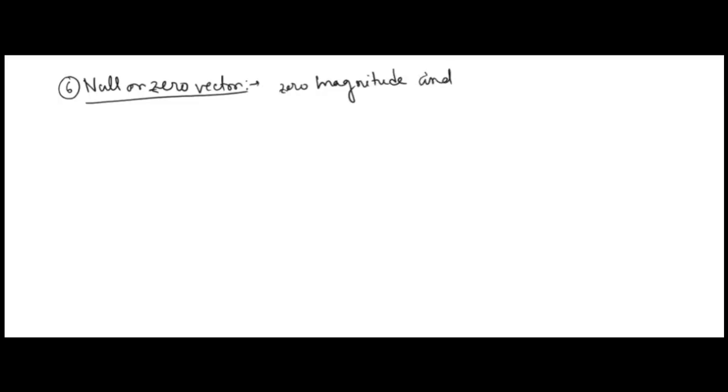Now, what is null vector or zero vector? A vector with zero magnitude and no specific direction is called null vector or zero vector.